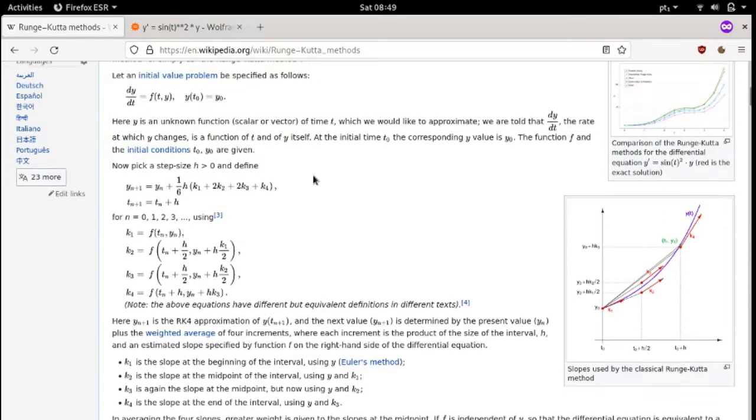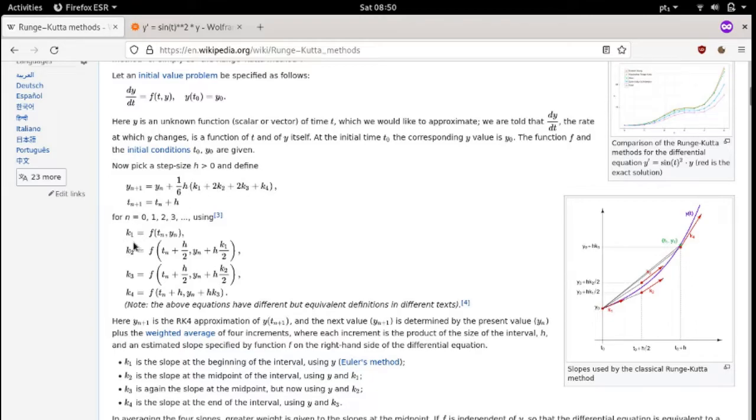So to implement the fourth order Runge-Kutta, all you have to do is follow this simple algorithm here. So you have an approximation in n iterations here. So you have y_(n+1) equals y_n plus 1/6 h, which is the step term or step size, times, in parentheses, the Runge-Kutta coefficients.